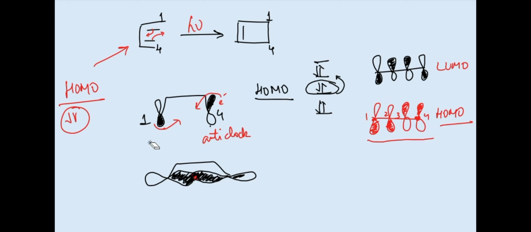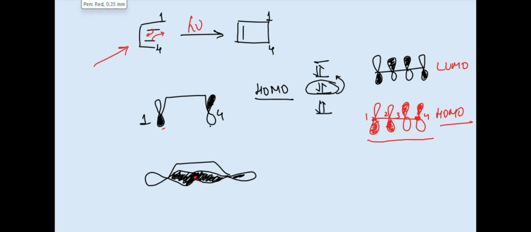Whenever you provide some energy in the form of h nu to the orbitals, this reaction is completed. This is the conversion of 1,3-butadiene in the presence of h nu, which we call a photochemical reaction. The product formed is the same, but the mechanism is slightly different.